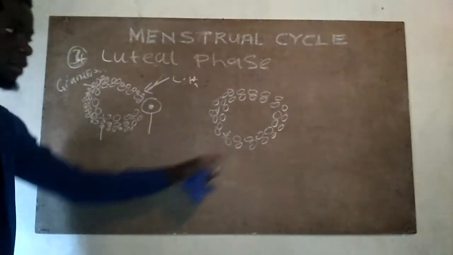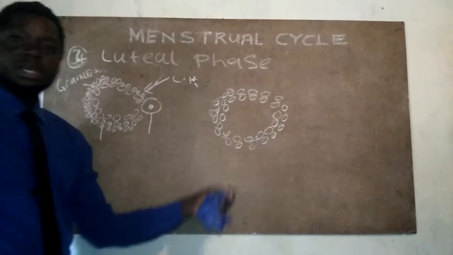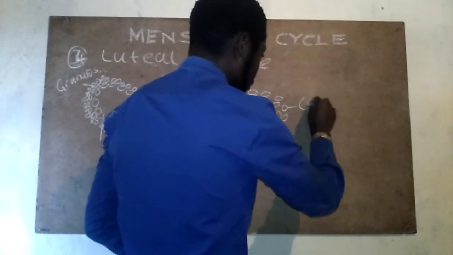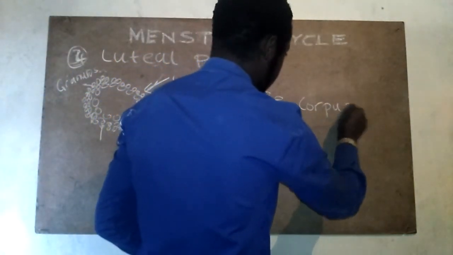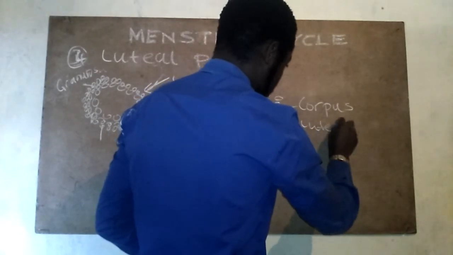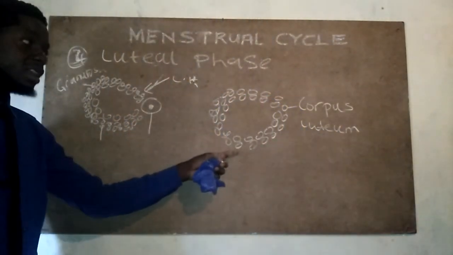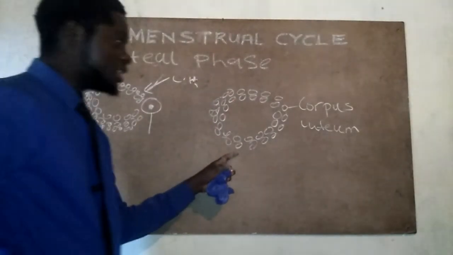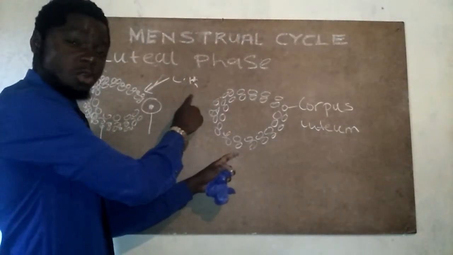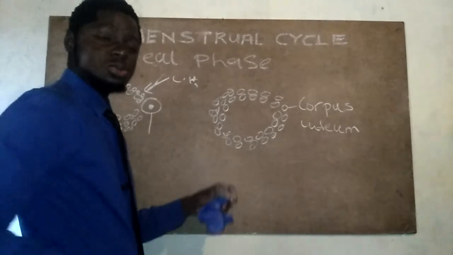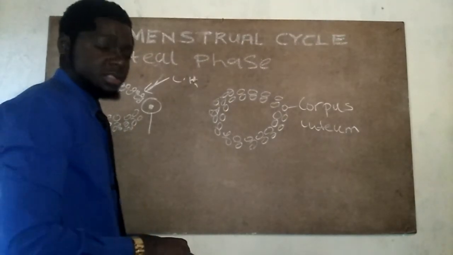So after the ovum has been released, this becomes the corpus luteum. In these cells, the glandular cells change their name again due to the influence of this hormone. They will change their names to what we call the luteal cells.